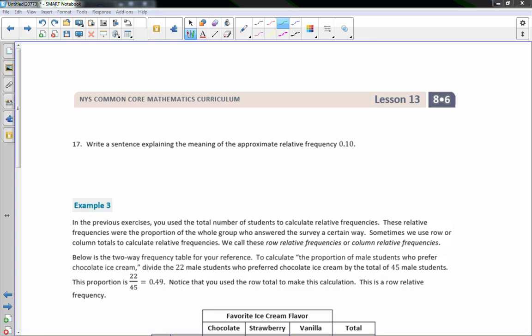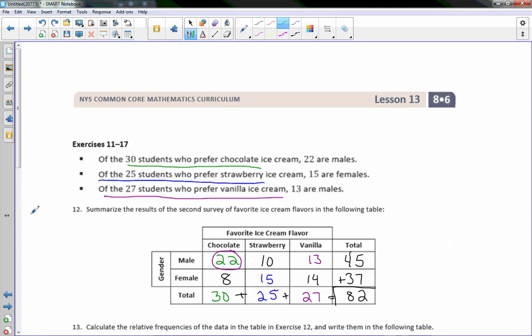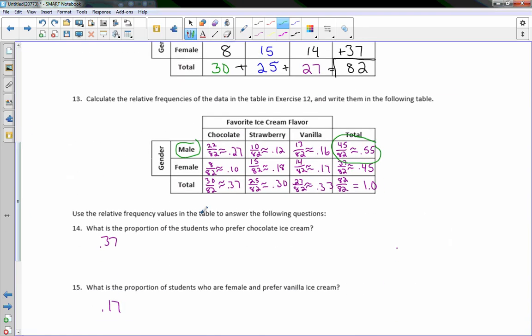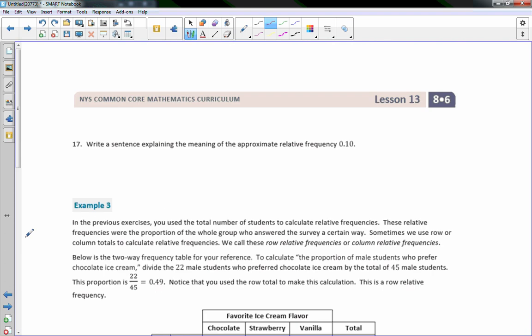Number 17 says, write a sentence explaining the meaning of the approximate relative frequency 0.10. Okay, so now I want to go back and look at my table and find 0.10. And that is right here. Okay, we'll use a different color. Let's go to red. It is this one here, and that is females who like chocolate.